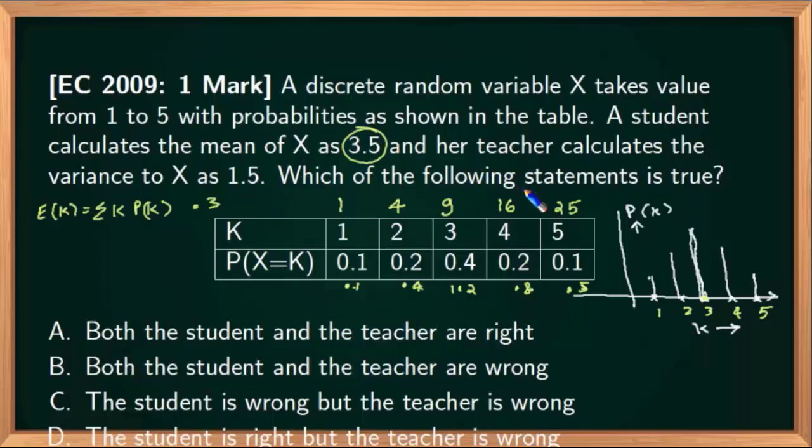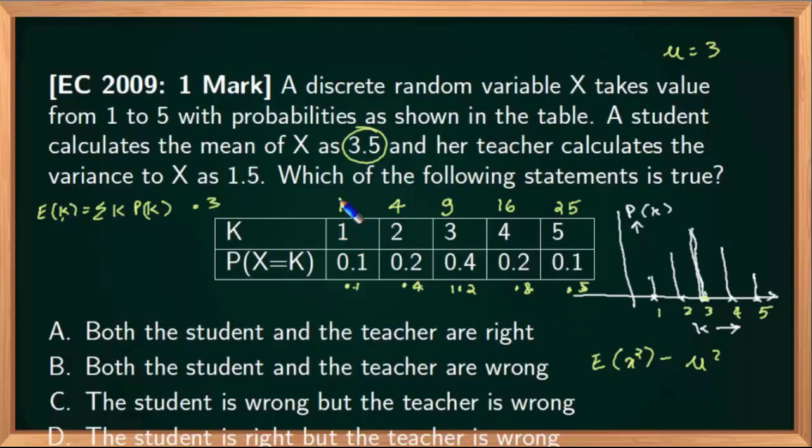Now we need to find whether the teacher is right. I know that variance is the expected value of the square of x minus the mean square. The mean I have already found, and the mean is 3. I've got the expected value of k as 3. Now I need to find the expected value of the square of the random variable.